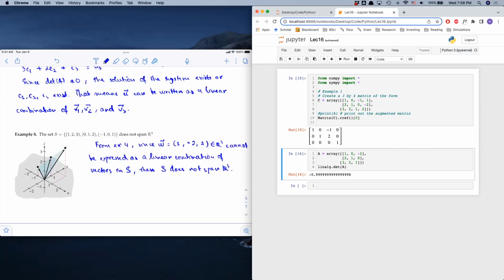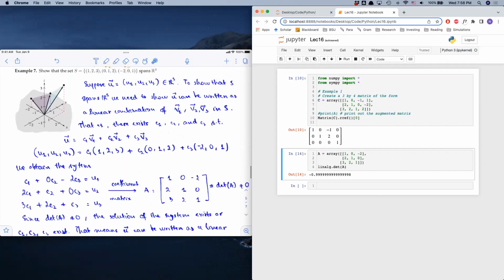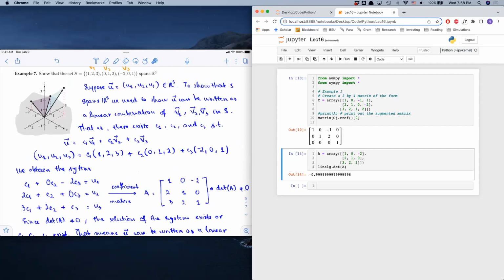Now, if you want, you can actually follow the same procedure that we did in example 7. We set up the system of equations, or we consider any vector u of the form u1, u2, and u3.